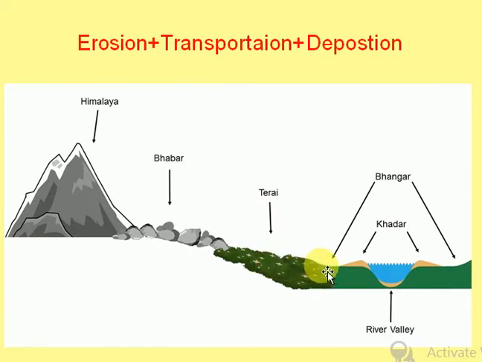And after that, when the deposition takes place all along the rivers, this is a river, the new deposition every year during the floods, that is your khada. This is the new deposition. And the deposition which takes place far from the river, the old deposition you can see, that is your bhanga.